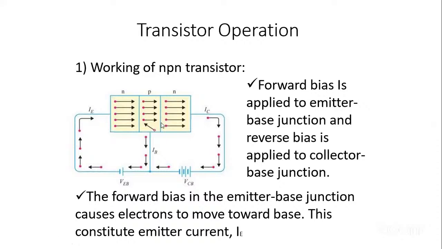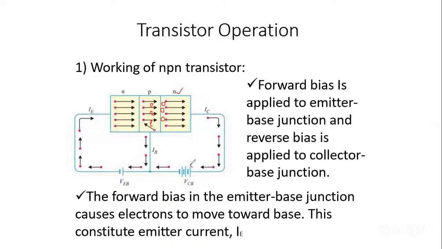So what I'm saying is there are few holes here; they are the minority carriers in this N-type. In P-type, we have electrons that are minority carriers, while holes are majority carriers.